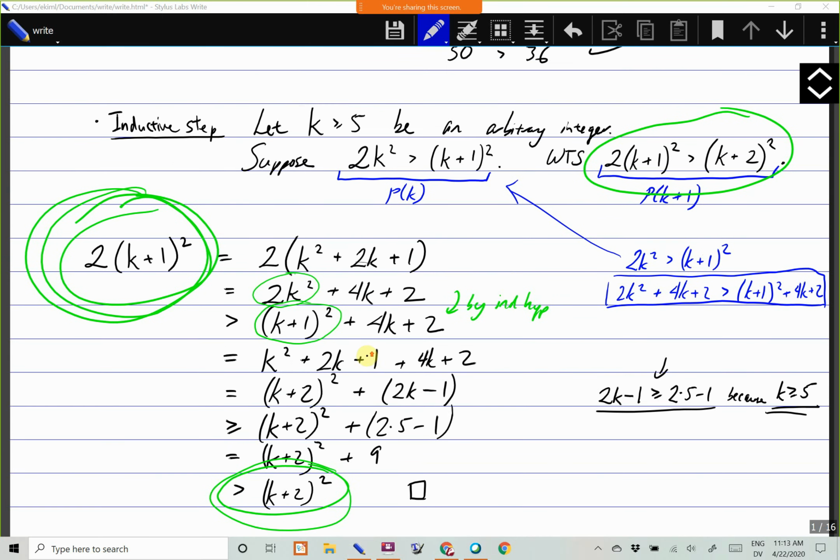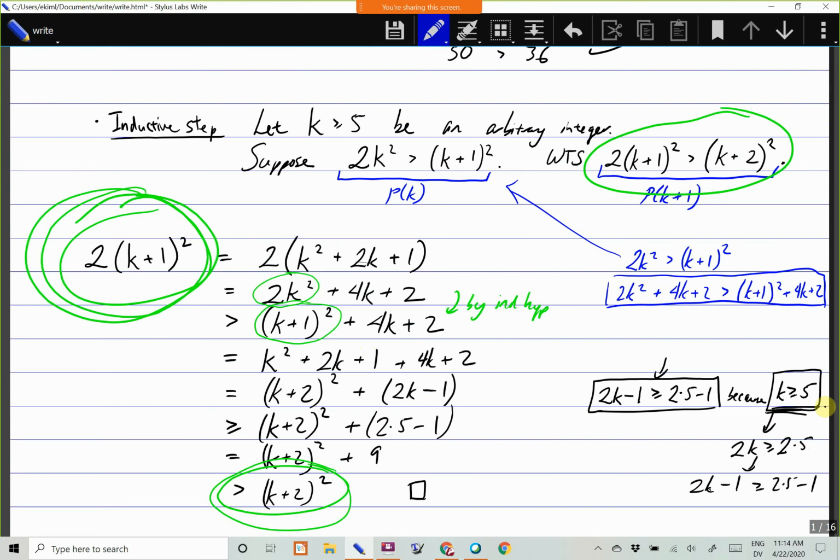We didn't put in 5 for k. We just argued, starting with k is greater than or equal to 5, that this is true. Because if you start with k is greater than or equal to 5, multiplying by 2 on both sides, you have 2k is greater than or equal to 2 times 5. And then if you subtract 1 on both sides of this inequality, you have 2k minus 1 is greater than or equal to 2 times 5 minus 1.